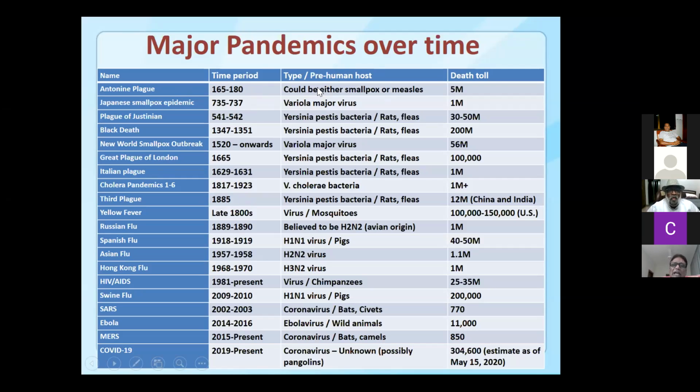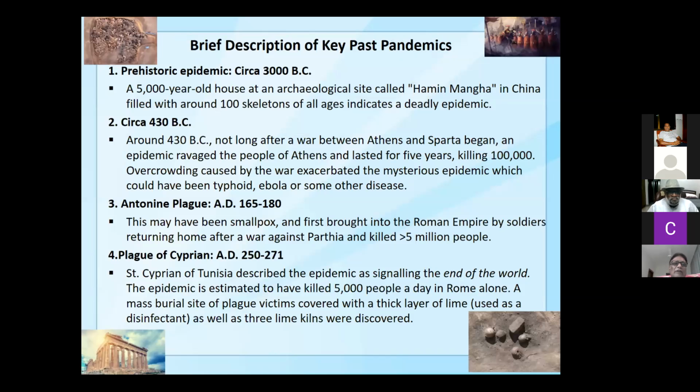Also the type, in terms of whether it was caused by a bacteria or a virus, whether there's a pre-human host before it affects the human being, and also the death toll. So this picture just summarizes the major pandemics over time. We'll talk about a few of these pandemics very briefly.